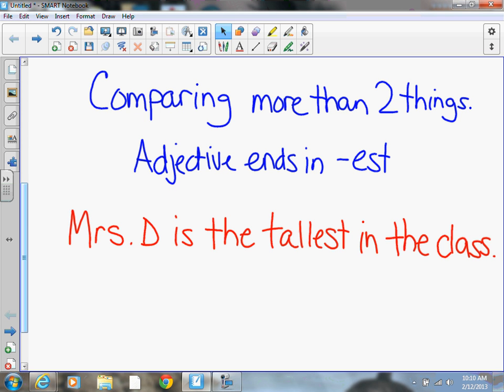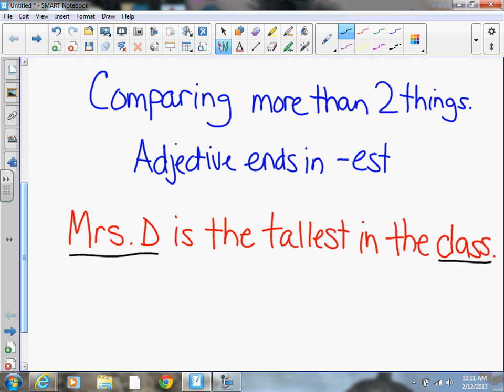All right, so my question then is, what are the two things that are being compared? The two nouns that the adjective is comparing. Gretchen. Class is one, and what's the other? Mrs. D. Okay, so I have Mrs. D and class that are being compared.